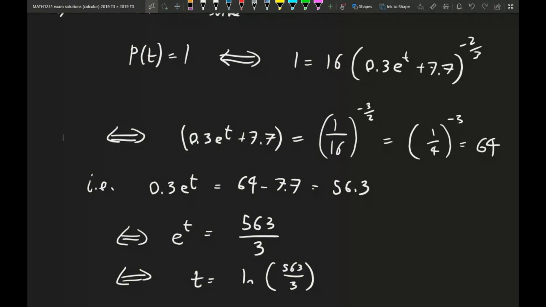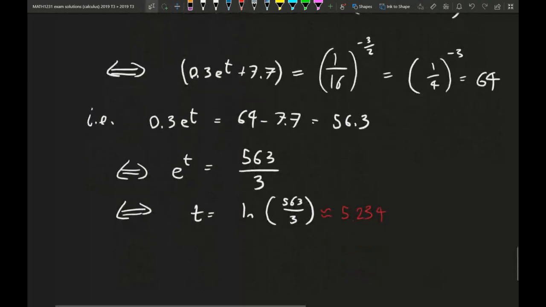So if I've done this correctly, then the answer, once I plug it into a calculator, should be around about 5.234. So that's around about 5 months, 5.25 months.